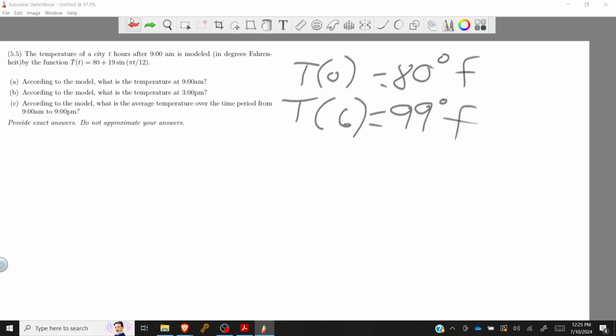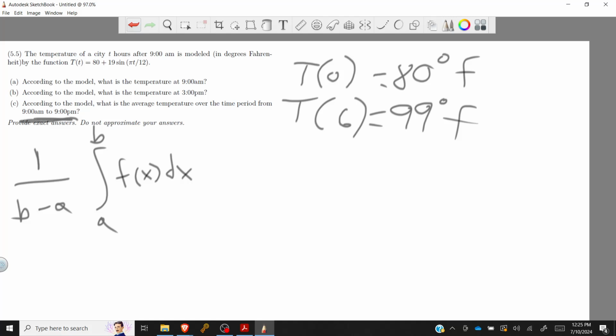So for letter C, it's going to ask what the average is. So the average formula for an integral is going to be this. 9 a.m. to 9 p.m. is 12, because T of 0 is going to be at 9.